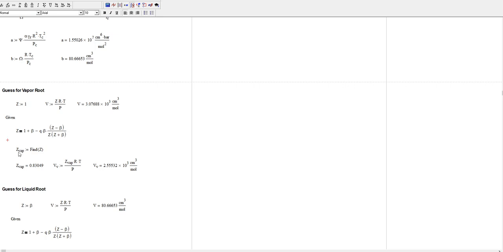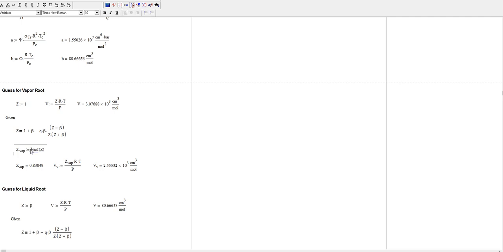And then, given this first guess, the Z value that it's going to solve for, I just type Z vapor. That's what I want to calculate. This is shift semicolon or shift colon, which gives me my assign equal function.